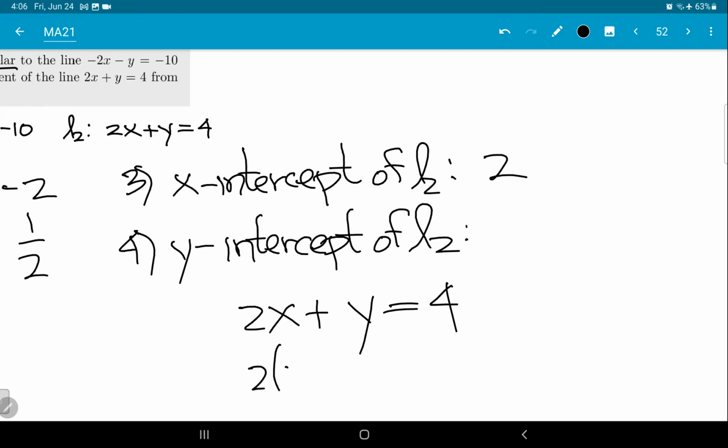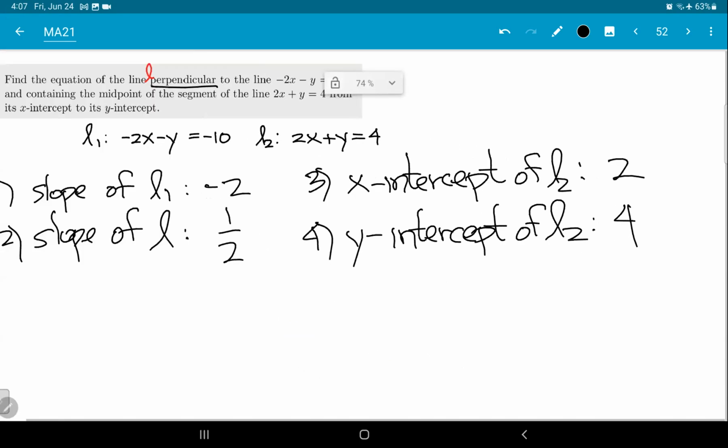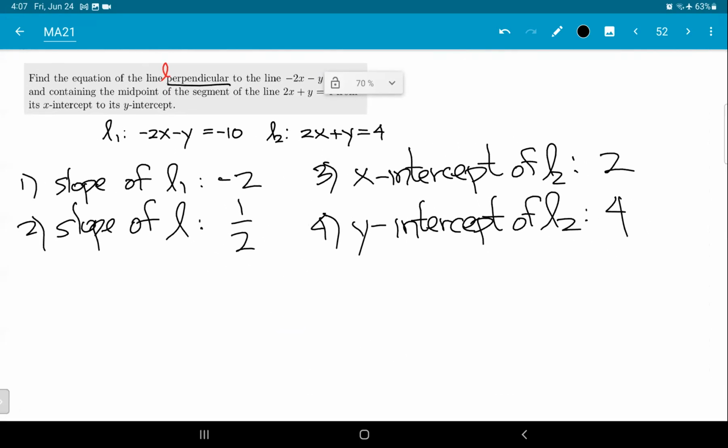So 2 times 0 plus y equals 4. Get y equals 4. Question on the intercepts? So we're going to find the midpoint of that. The two intercepts.